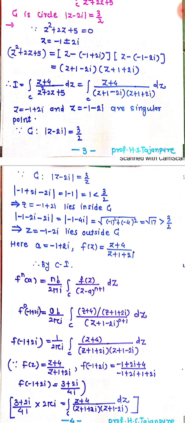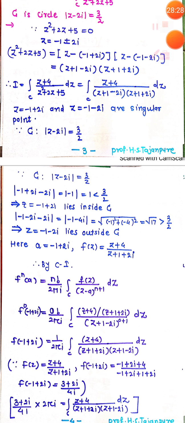This implies that the point lies inside the curve C. However, when we put the second point z = -1 - 2i, its value is √17, which is greater than 3/2. This implies that the point z = -1 - 2i lies outside the curve C.